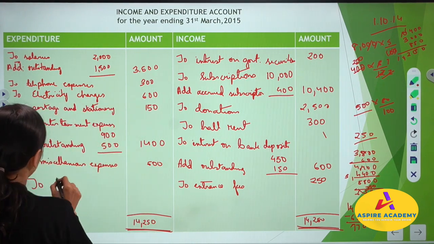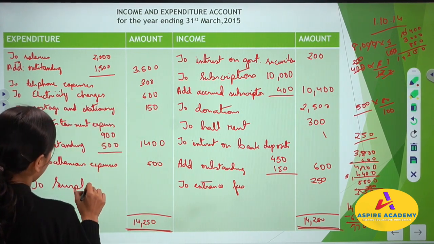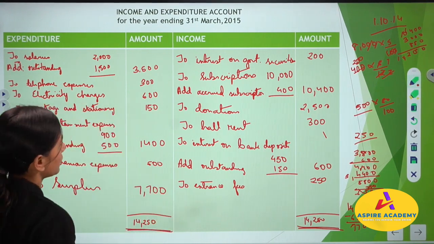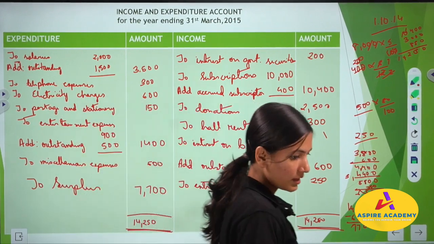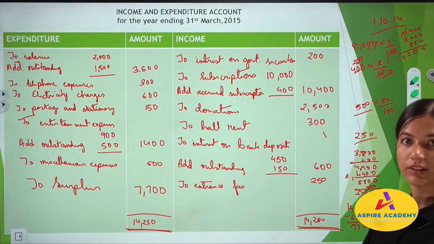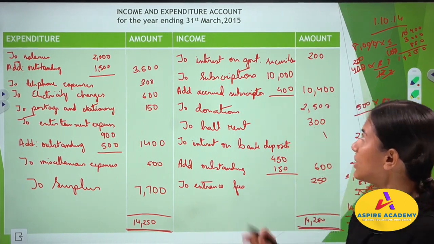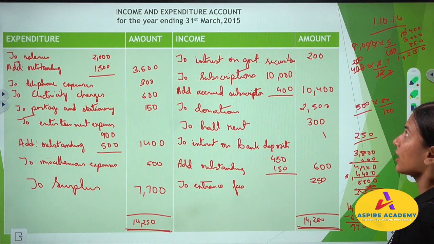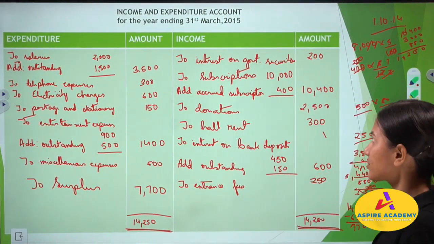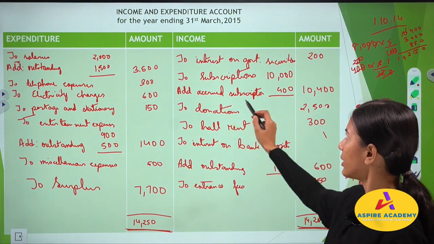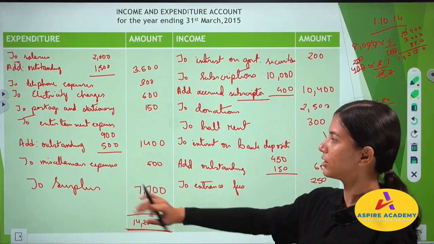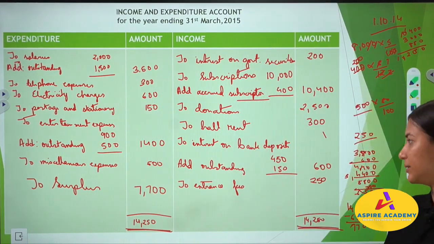So the surplus would be your 7,700. So in this way we can calculate the surplus for the whole year. So this is your income and expenditure account for the year ending 31st March 2015. The outstanding we have added here, and with this we have found out the surplus for the year.